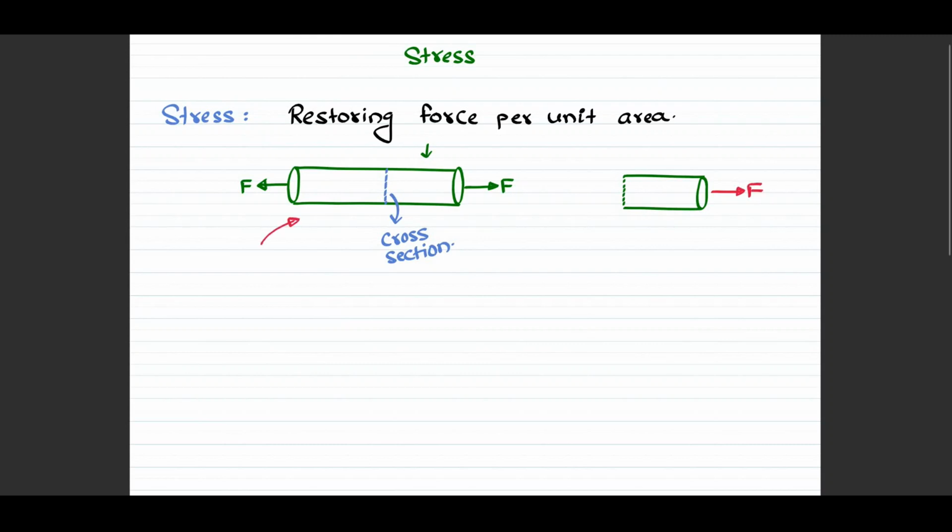Now this entire thing is in equilibrium, right? The net force on this entire thing is 0. So net force on this segment should also be 0. So this F will be there, and this is an internal force.